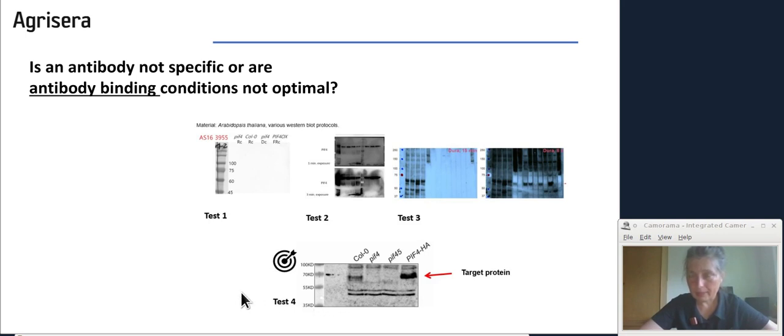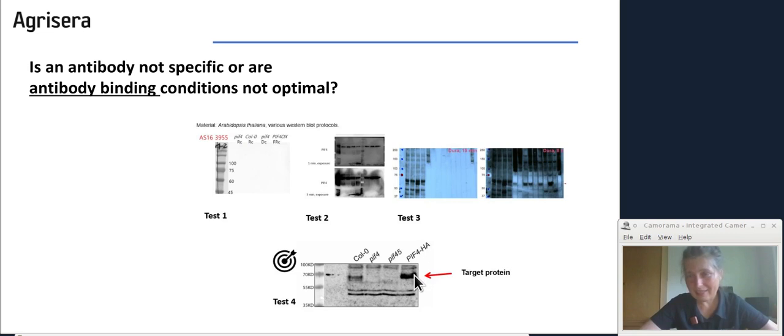The same antibody has been sent to these laboratories, and they used Arabidopsis thaliana for testing. As you see here, the results obtained with the protocols which have been applied are very different. From lack of signal to blots completely filled with bands, and one laboratory actually, in their conditions, was able to produce a good signal.